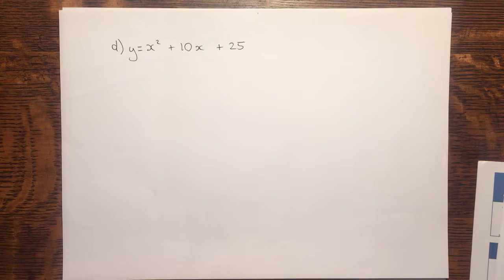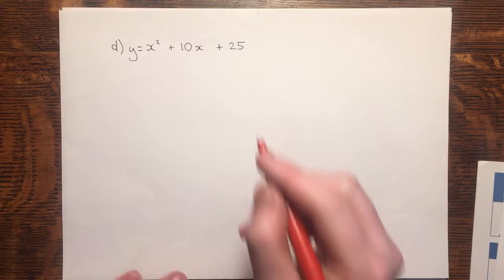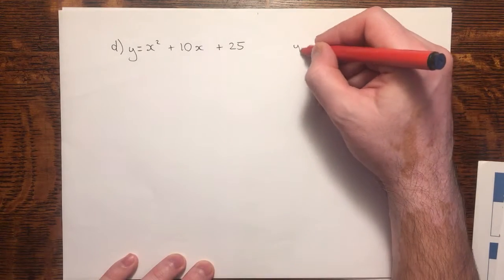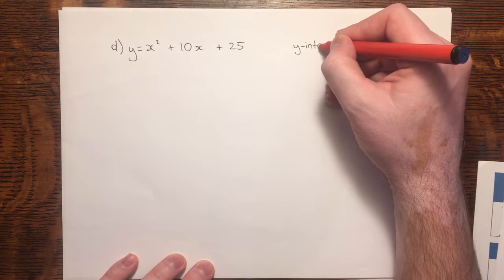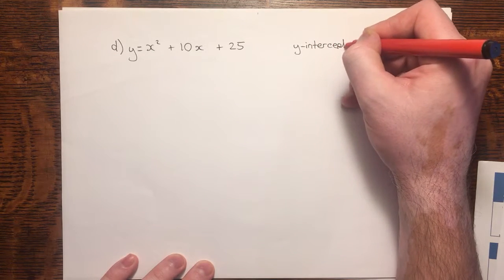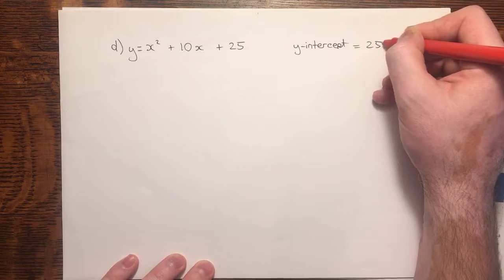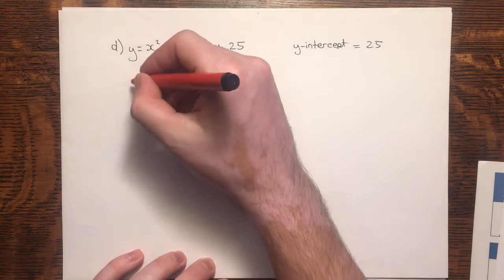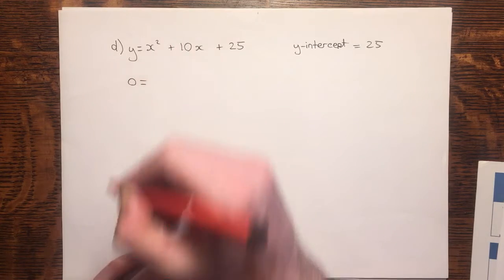If I want to find the y-intercept, this is the expanded form, so that's clear there. The y-intercept is at 25.